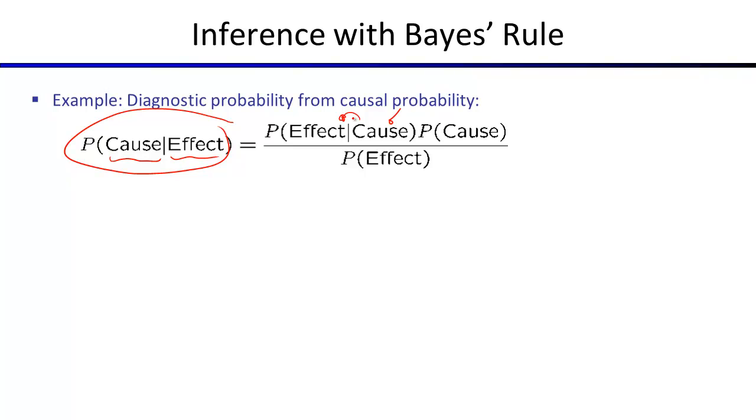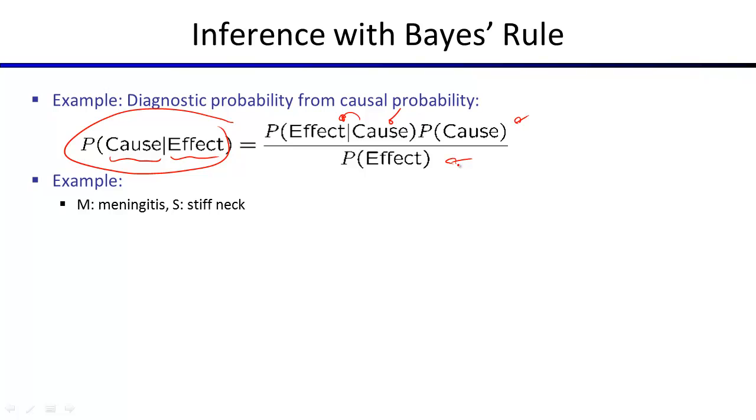So you'll end up building that model, the effect given cause model. You'll build up a model for the a priori probabilities of each cause, and then this thing at the bottom here, we know we don't have to worry about. That's just a normalization constant. We don't need to actually build a model for that.